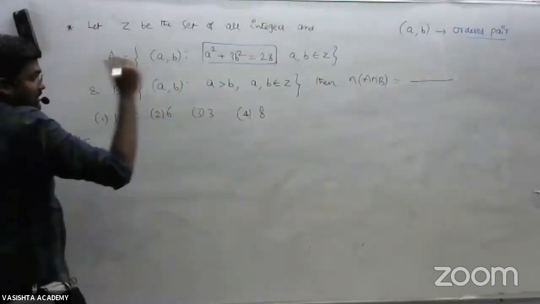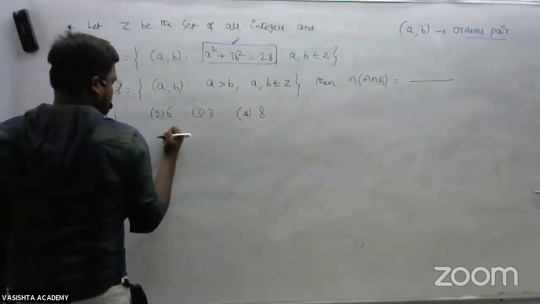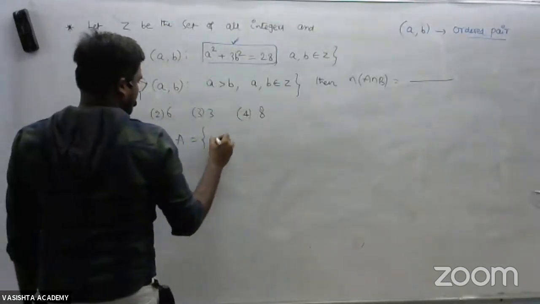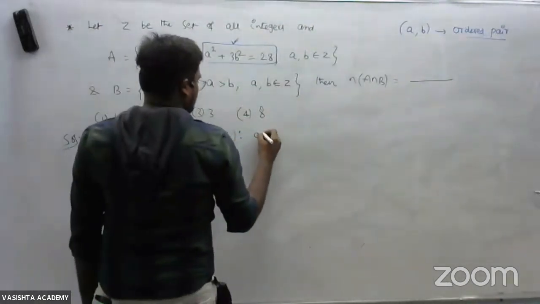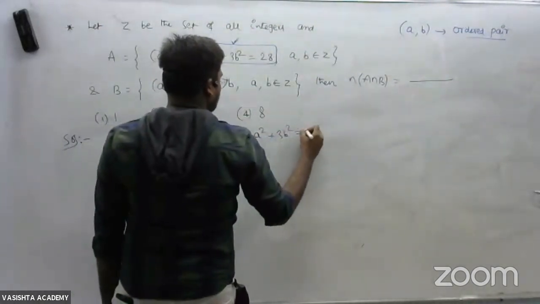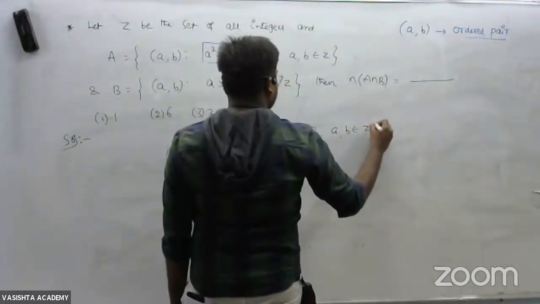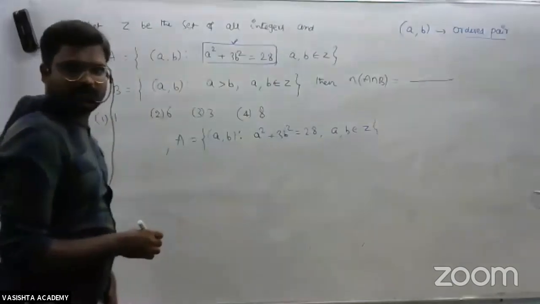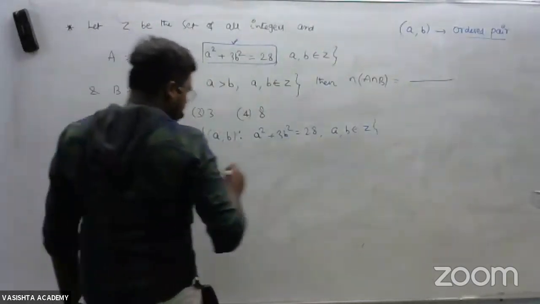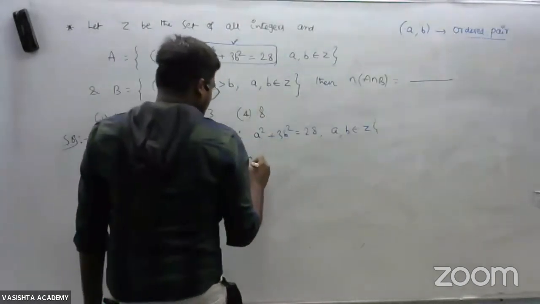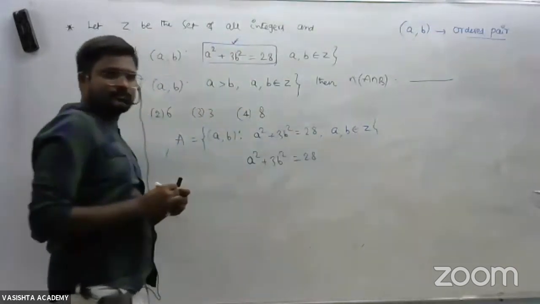Now here the first thing is, let us try to analyze set A. Set A is (a, b) such that a square plus 3b square equal to 28 and (a, b) belongs to Z. Understood? Now look at this one: a square plus 3b square equal to 28.